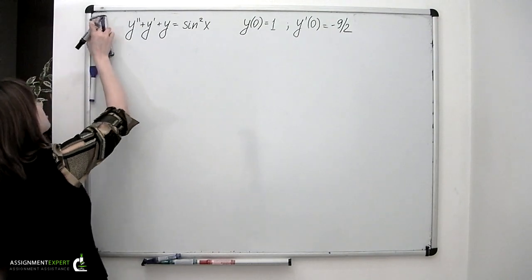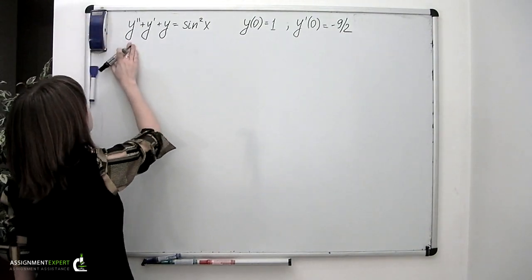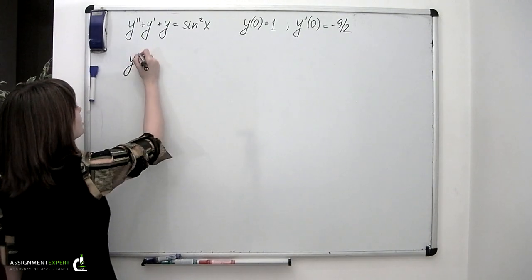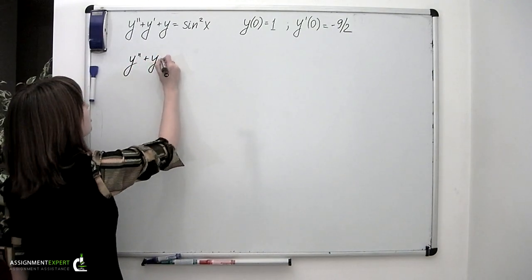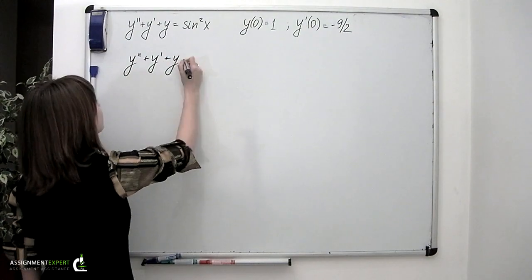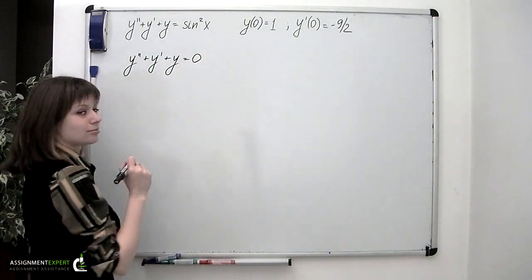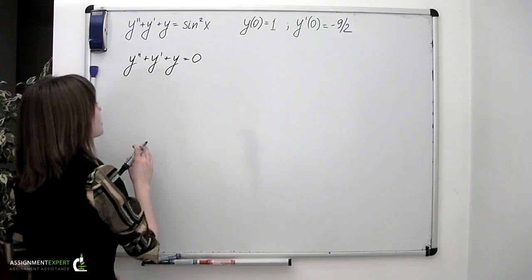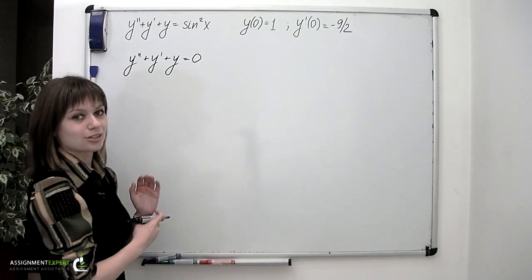So first of all, we're solving the corresponding homogeneous differential equation. So it goes y double prime plus y prime plus y equals 0. To solve an equation like this, we first need to form its so-called characteristic equation.